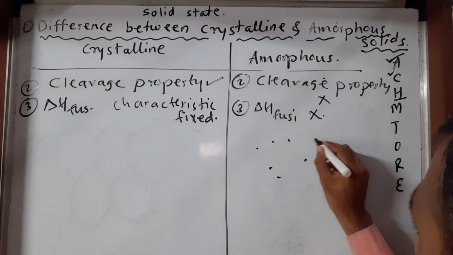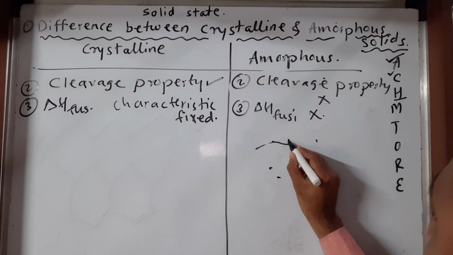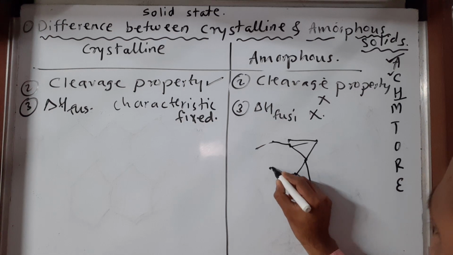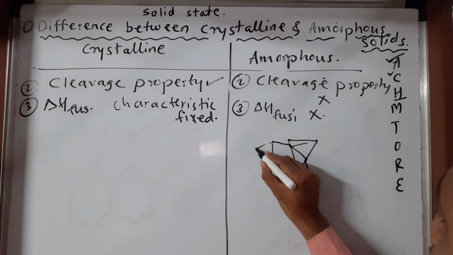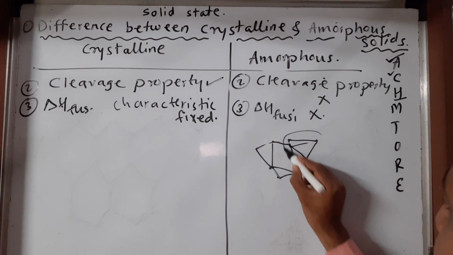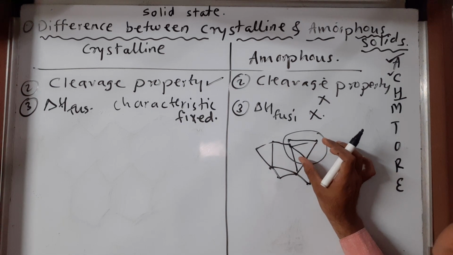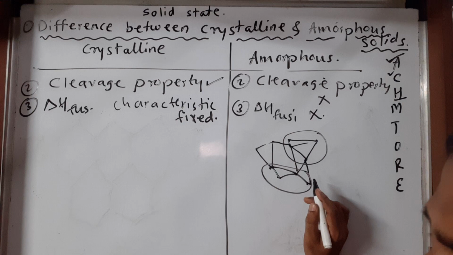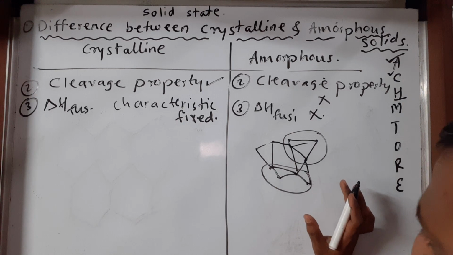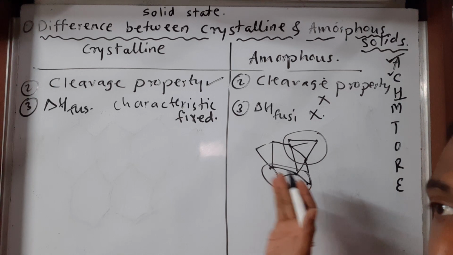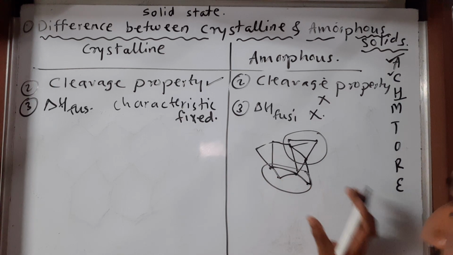Say for example, this is an amorphous solid, and in the case of the amorphous solid, the bond length, bond distance, bond angle are not fixed. Suppose in 1 mole of the amorphous solid there is the same number of bonds, but the bond distance, bond length, bond energy, these bond parameters are not identical. Suppose we took another 1 mole of that amorphous solid.